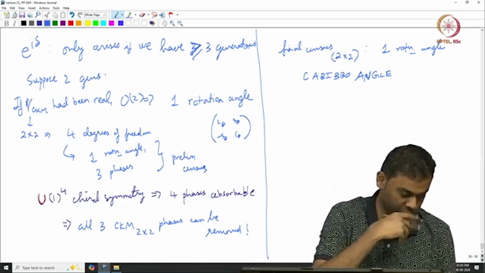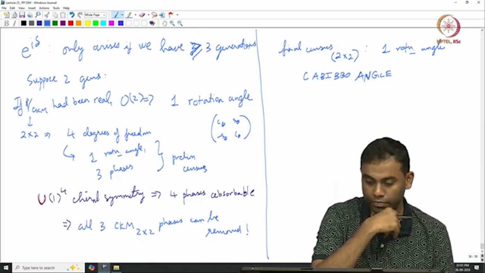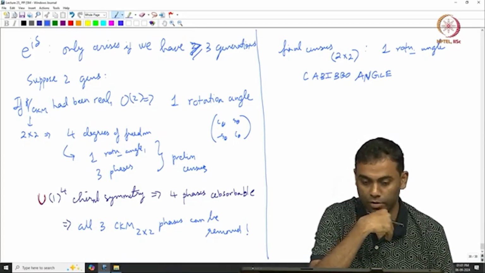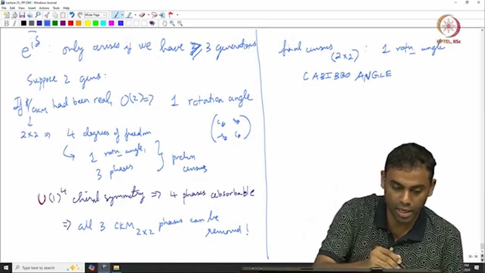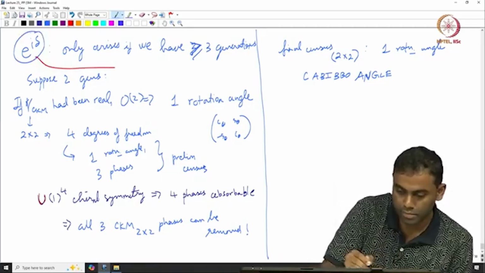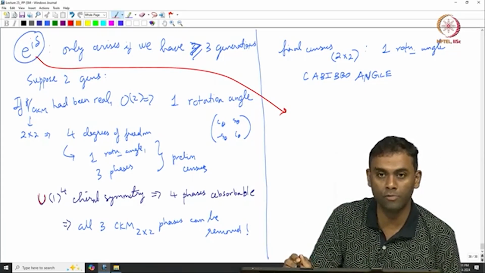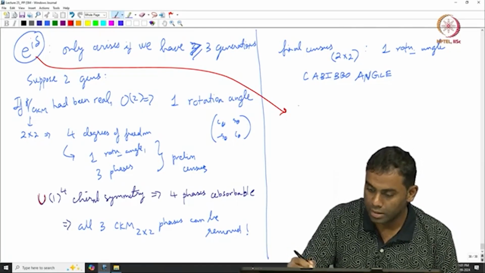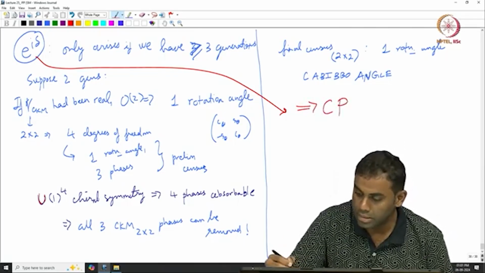Okay, so here is what I am going to claim and show you how this comes about. The claim is that this e power i delta, when I have this unremovable phase in mass mixings like the CKM, that is exactly what gives rise to CP violation.